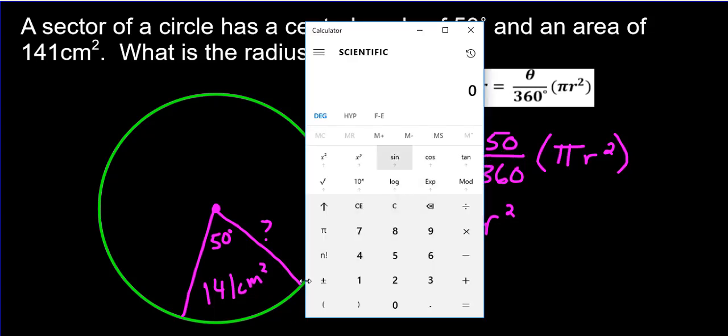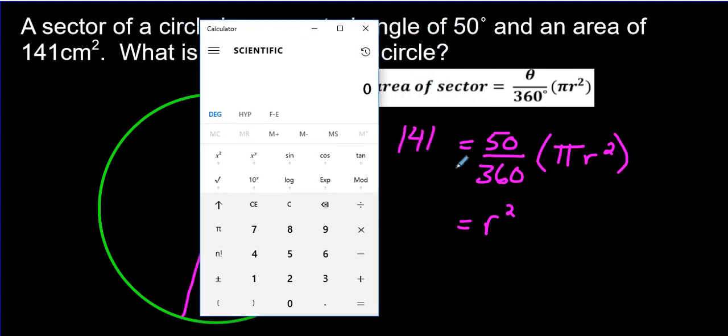So 50 divided by 360. That equals this. We're going to multiply by 3.14. Okay, so we get 0.4361.